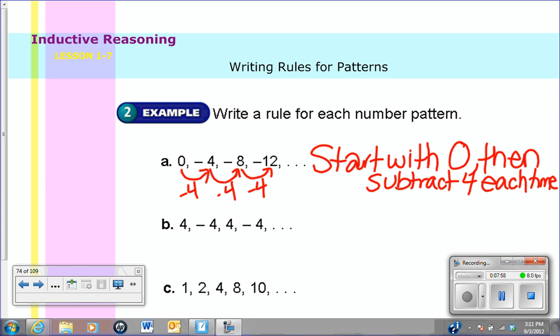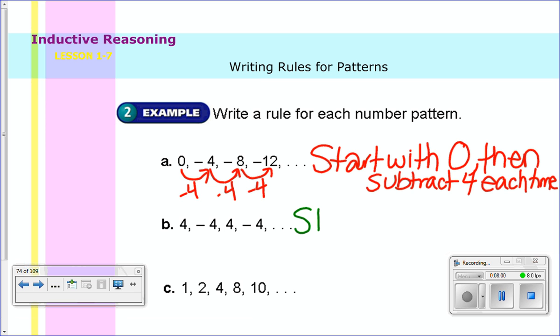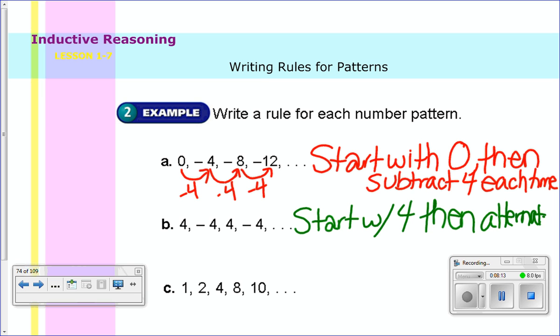So here you should have something similar to start with 4, then, let's see, alternate would be a good word, between -4. So you start with 4, then you do -4, 4, -4, and so on.